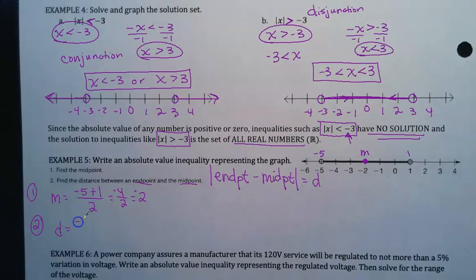So the distance formula, we're going to subtract those values, right? And we set them, that equals 5 minus -2 is going to equal 3.